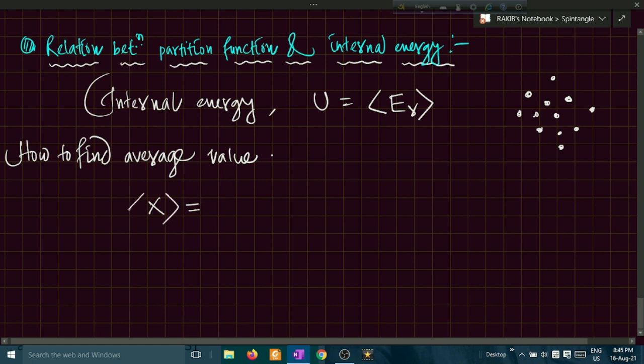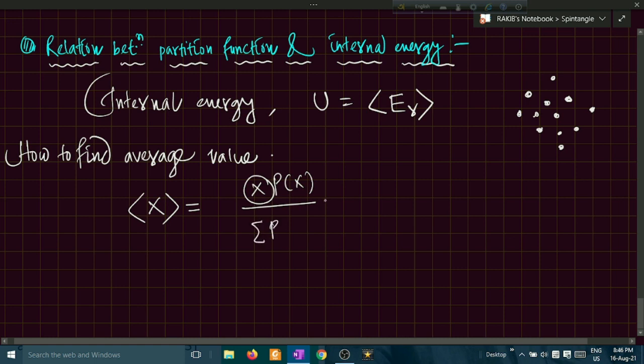It will be written like this, and I think this has been discussed in lecture 3 or 4, the mean deviation lecture. The value of x and the probability of getting x, divided by the total probability.